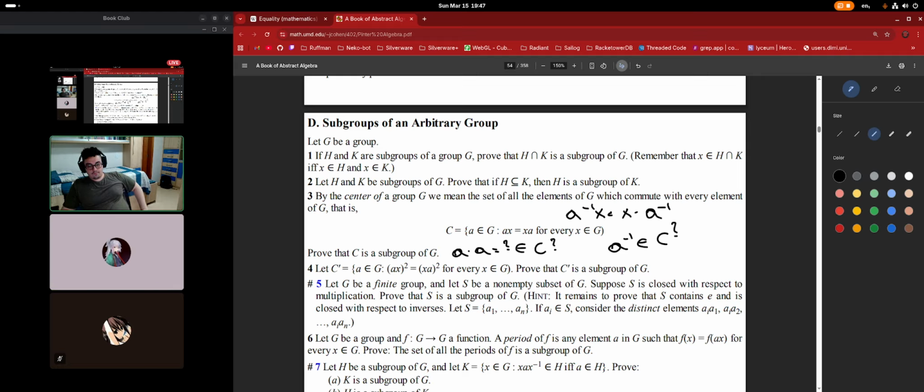Okay, so how would you go about proving this one? That's a good question. Let me think for a second. The first one is not that difficult, because A times A being in C means that A squared times any X equals X times A squared, and you can just rearrange the multiplication to show that that is true.